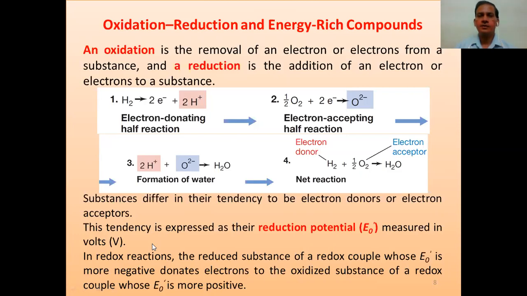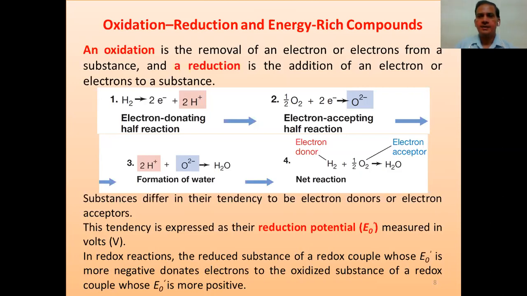So in redox reactions, the reduced substance of a redox couple whose E0 prime is more negative donates electrons to the oxidized substance of a redox couple where E0 prime is more positive.